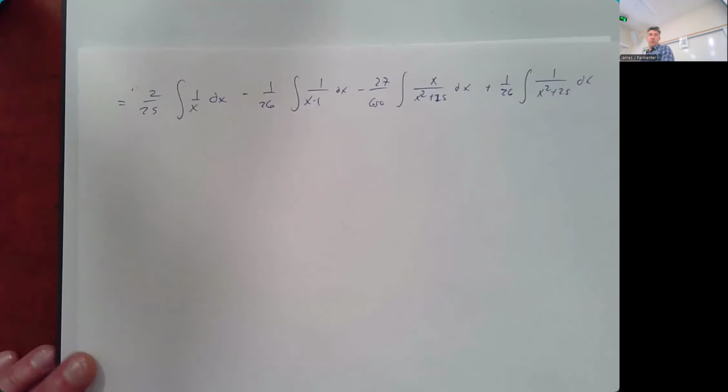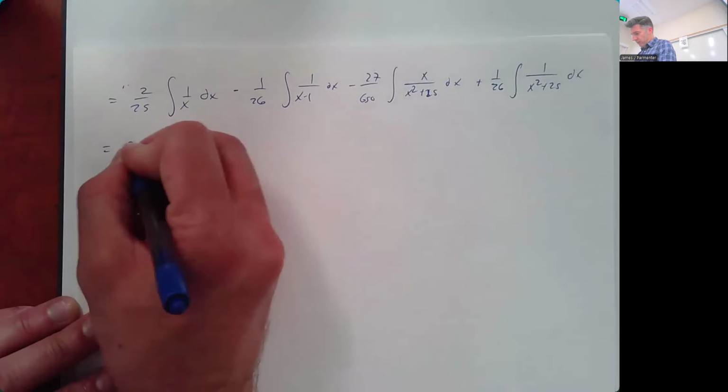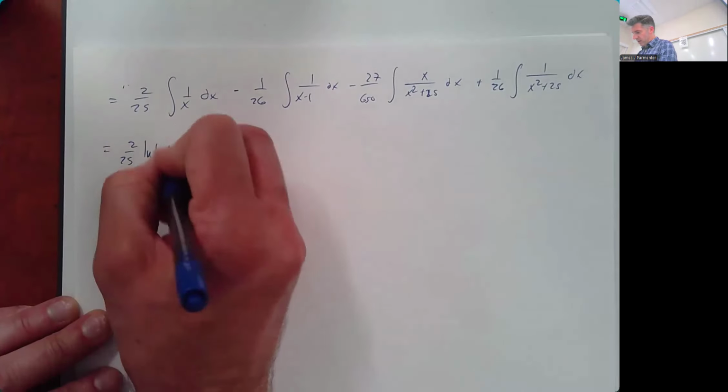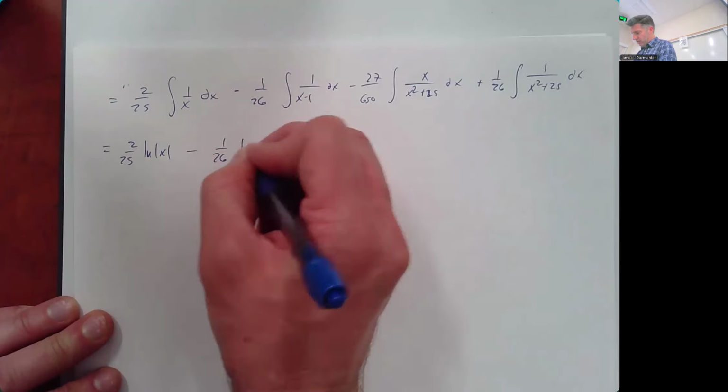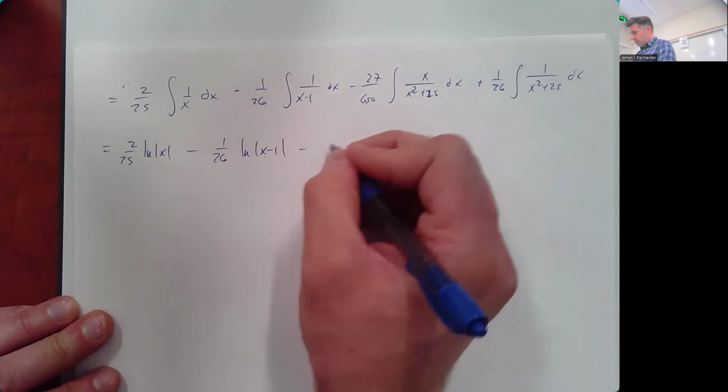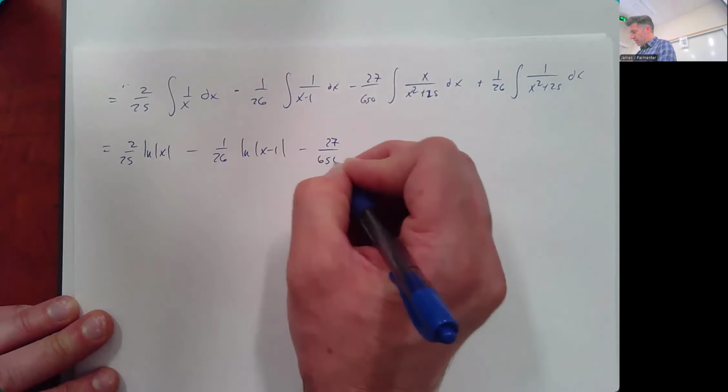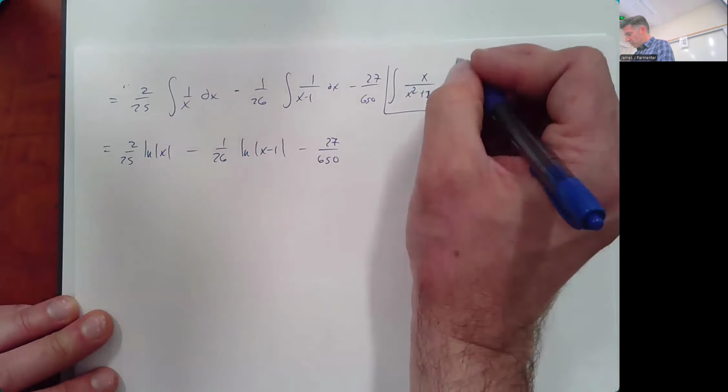So then the rest of this is just using our rules. This is going to be 2/25 natural log of the absolute value of x minus 1/26 natural log of the absolute value of x minus 1 minus 27/650. This is the one that requires the u sub.